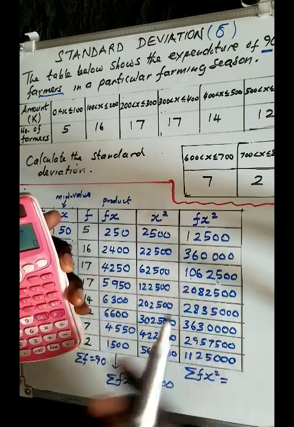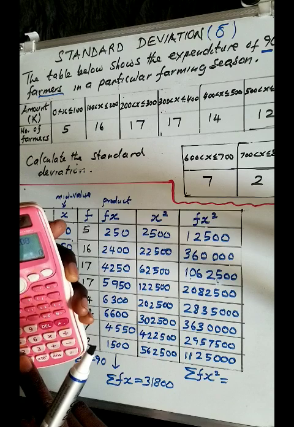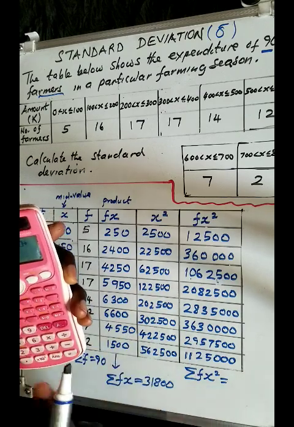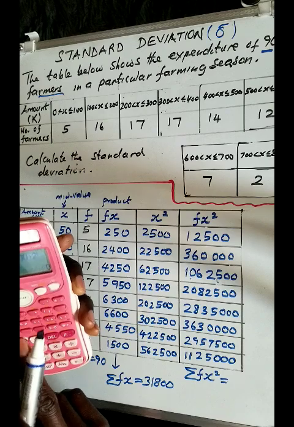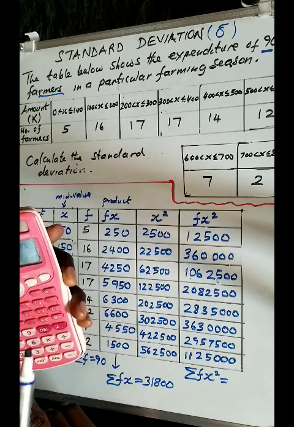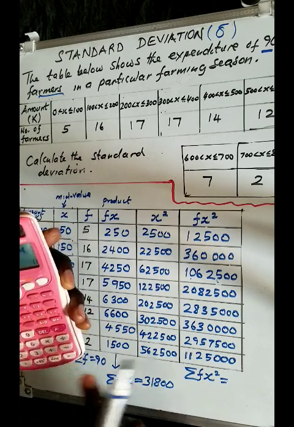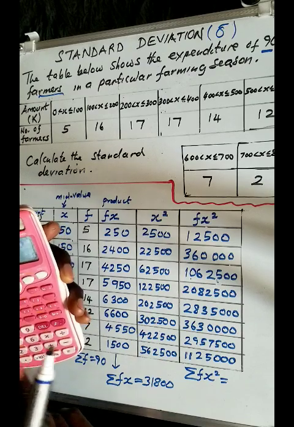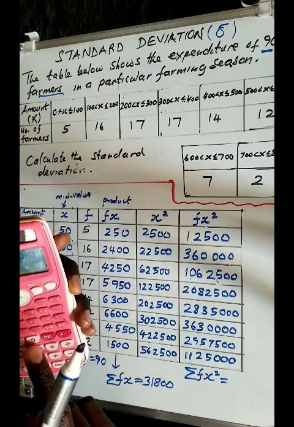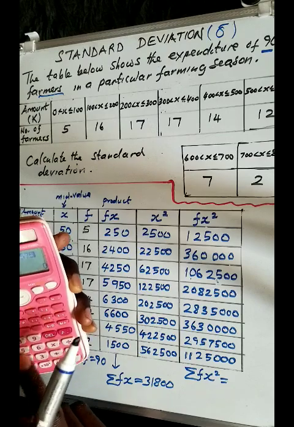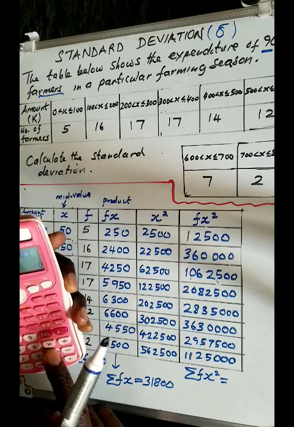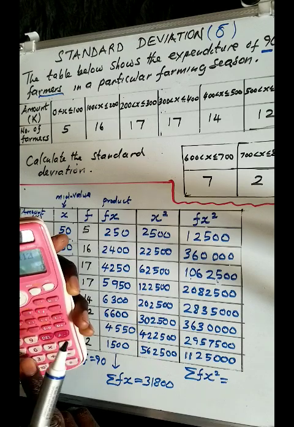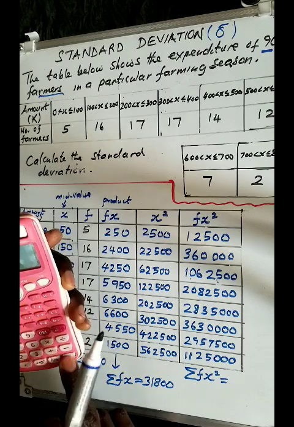1,062,500 plus I come to this one, 2,083,500 plus I come to this one, it is 3,631,234 plus 2,957,500 plus the last one is 11,250,000. So this is what we're having.